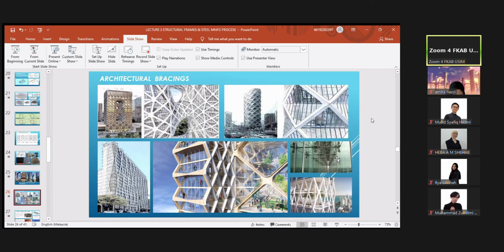In this detail, it is cable bracing, done by cabling. Engineering and architecture combined together create some web-like structural pattern, like a spider web pattern, to give some sense of design to the place, especially in connecting or holding a glass wall.